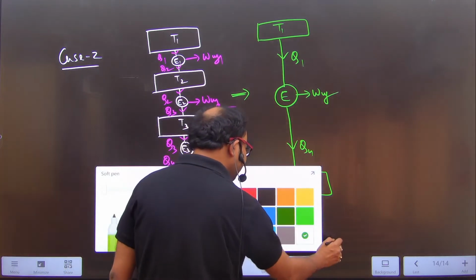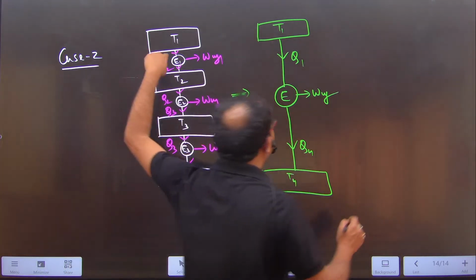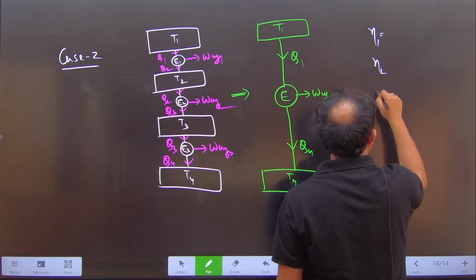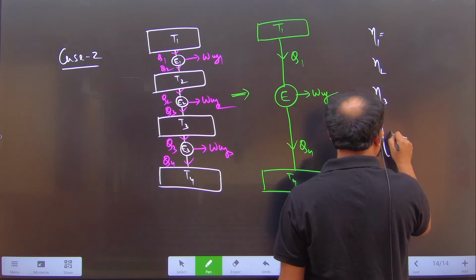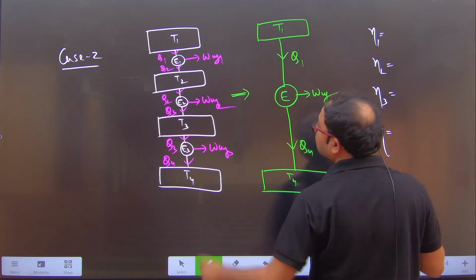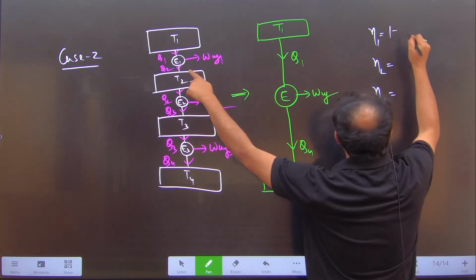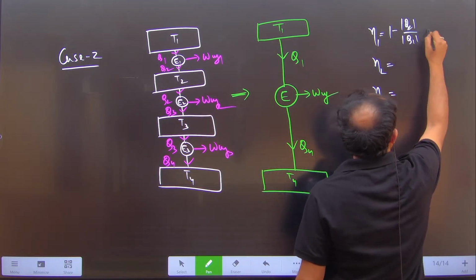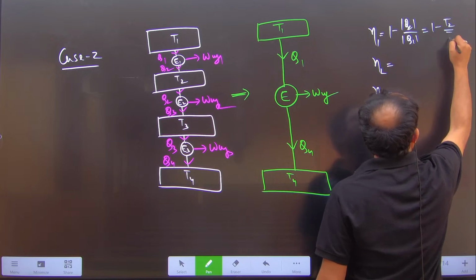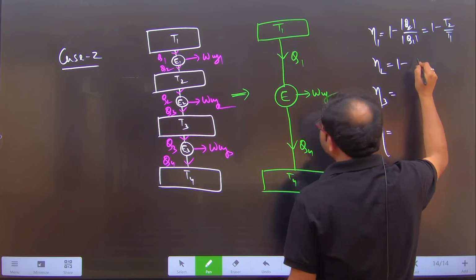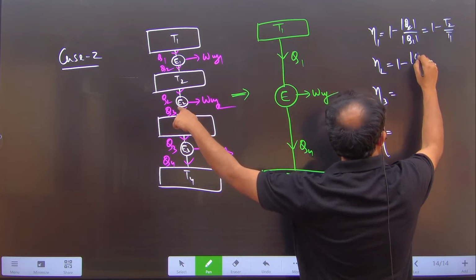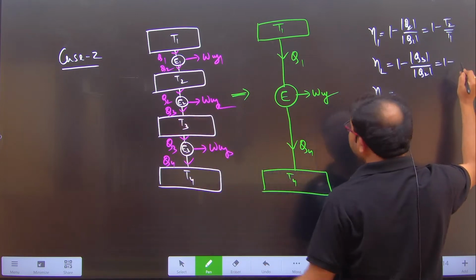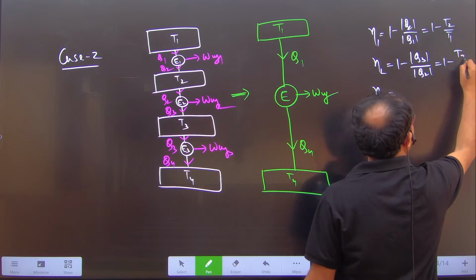So let us just write the expressions of eta 1, eta 2 and eta 3. Eta 1, eta 2, eta 3 and eta. Let us write all these expressions. Eta 1 is 1 minus mod Q2 by mod Q1 is equal to 1 minus T2 by T1. Eta 2 is 1 minus mod Q3 by mod Q2 equal to 1 minus T3 by T2.